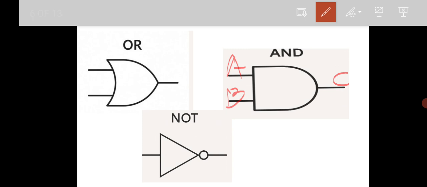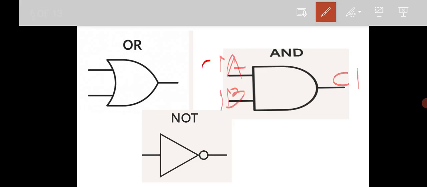So we are saying the condition for which C must be a 1 is that both A and B must be 1. Then C is going to be 1. Imagine C is a bulb, and A and B are switches which are in series. So switch A and switch B must be closed for the bulb C to light.